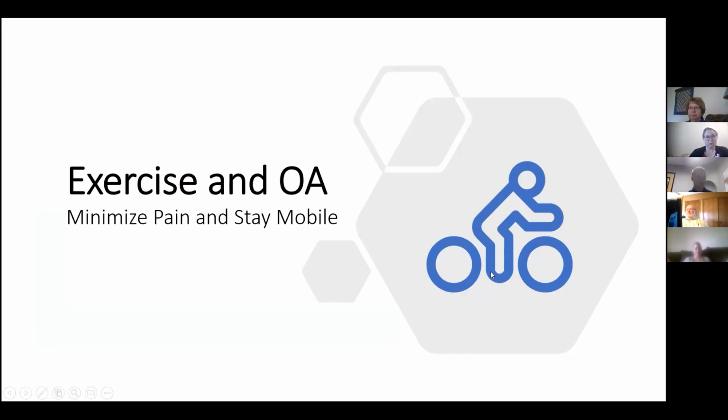So kind of where I come into play, I think as a physical therapist, a lot is keeping people mobile while also minimizing pain. So I kind of want to talk about that a little bit today. I think that's the biggest thing when it comes to arthritis or joint pain, is that most people want to stop moving or stop doing things because of pain.